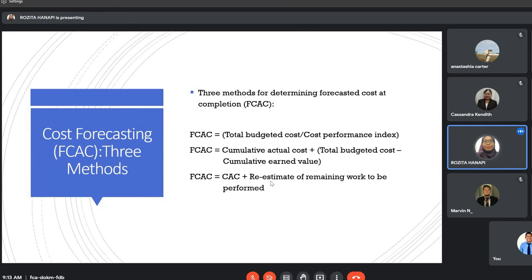If for example the result is more than the total budgeted cost, then meaning that the project will also overrun. If for example it is less than the total budgeted cost, meaning that the project is within budget or under budget.